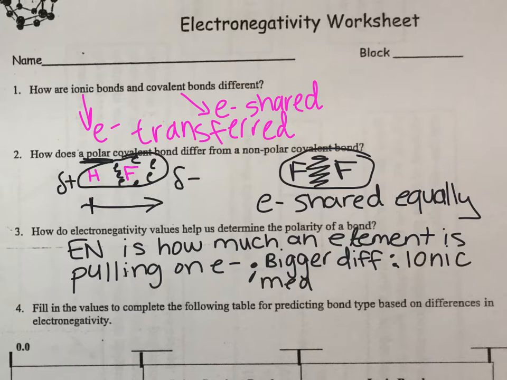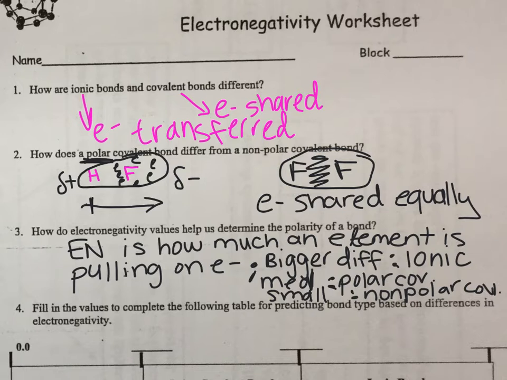A medium difference is going to be polar covalent, and a small difference is going to be non-polar covalent. If electronegativity is just how much they're pulling, we can put it into those three categories. Think of tug-of-war games: one side has to pull harder than the other. That's exactly what's going on here. It's the same idea.